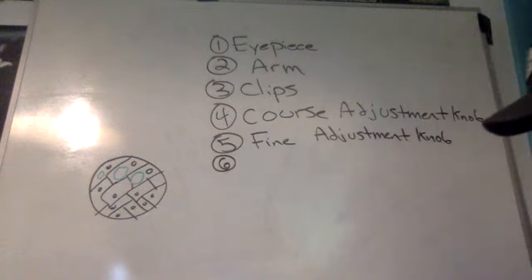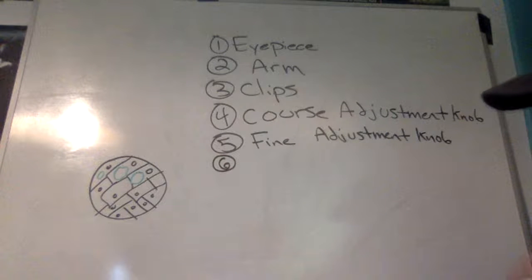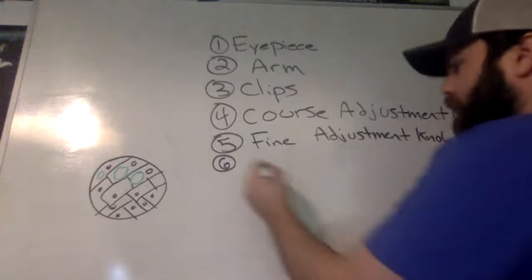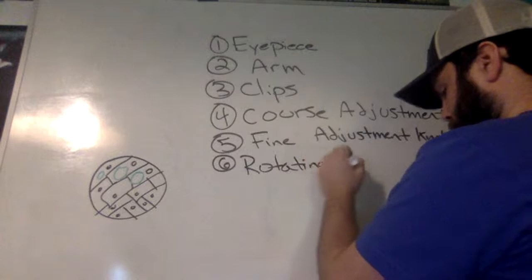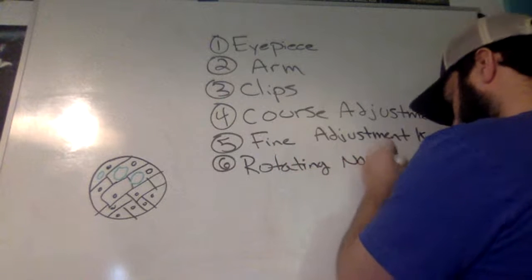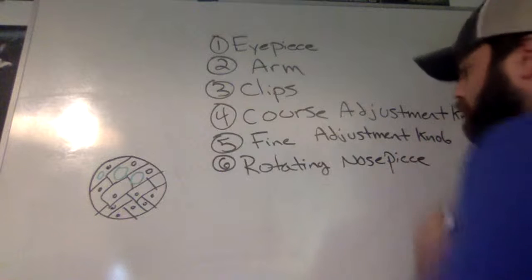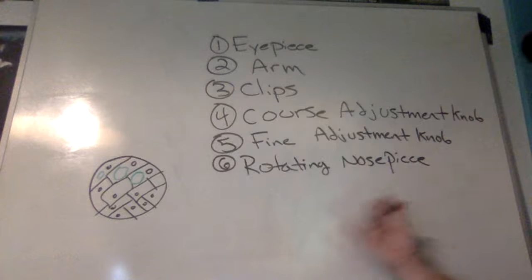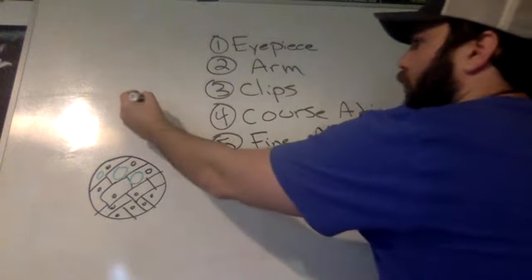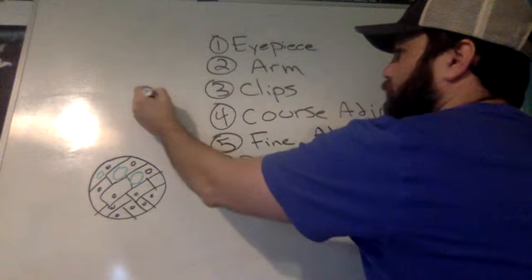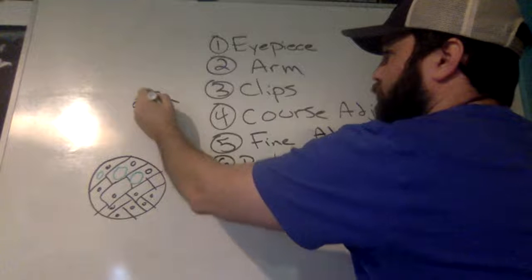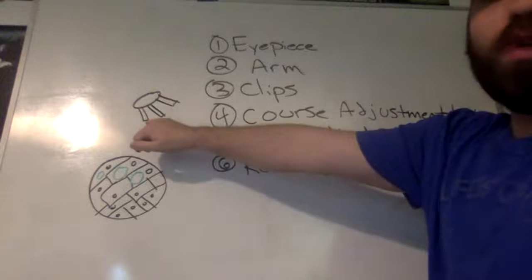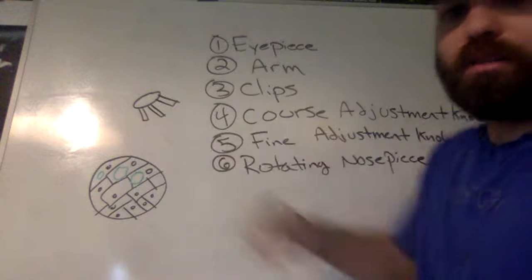All right, so number 6. Number 6 points at the top of the microscope again on the other side. Now, this is the rotating nose piece, okay? So the rotating nose piece, at the top, you have 3 different objective lenses, okay?